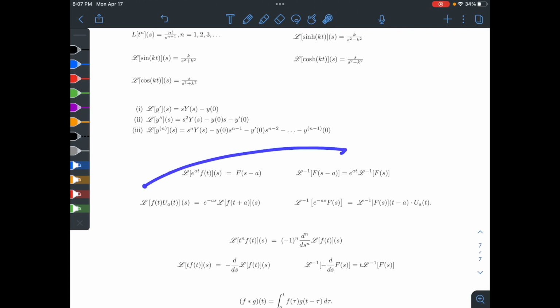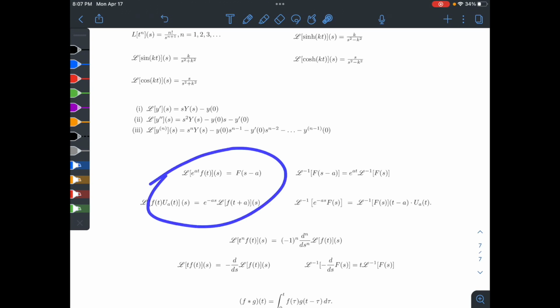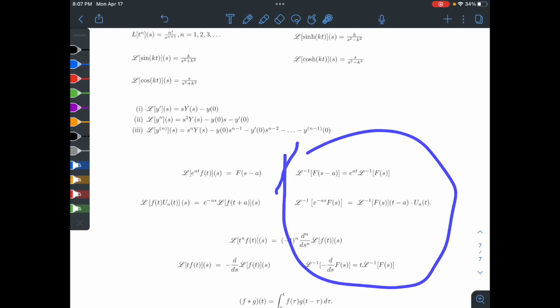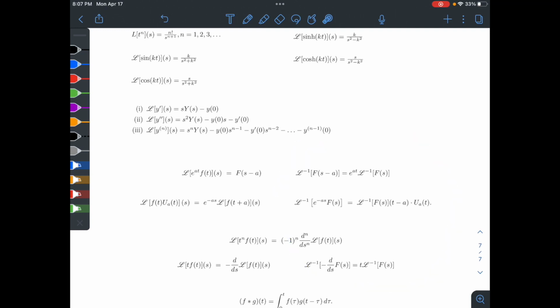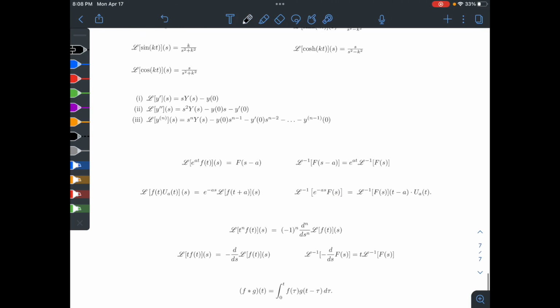All right, well, are there any formulas over here that might help us do L inverse of e to the something? So these are the Laplace transforms, and the right-hand side has the L inverse formulas. So it's not a translation. Here we have L inverse of e to the negative as times a function. So maybe that's helpful.